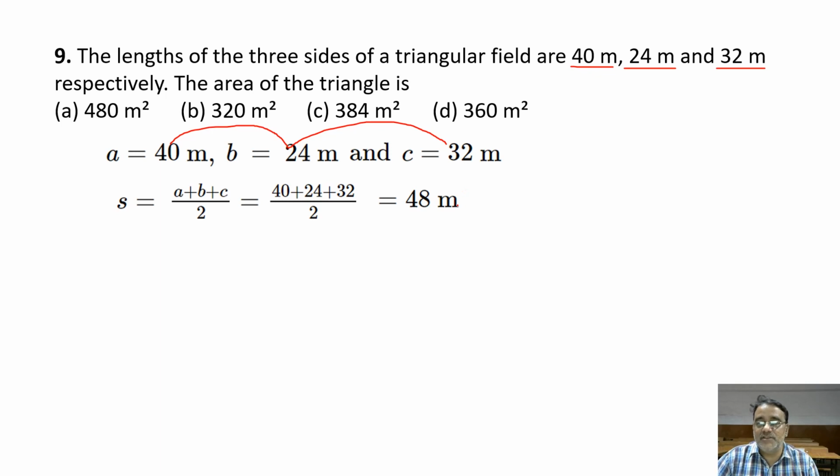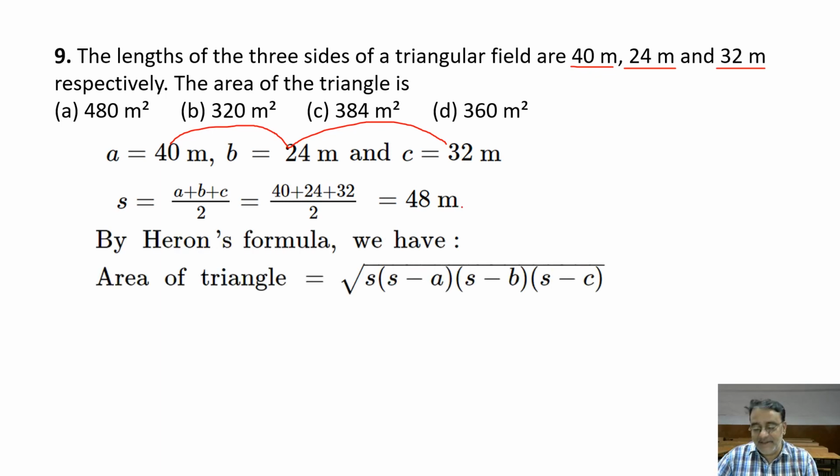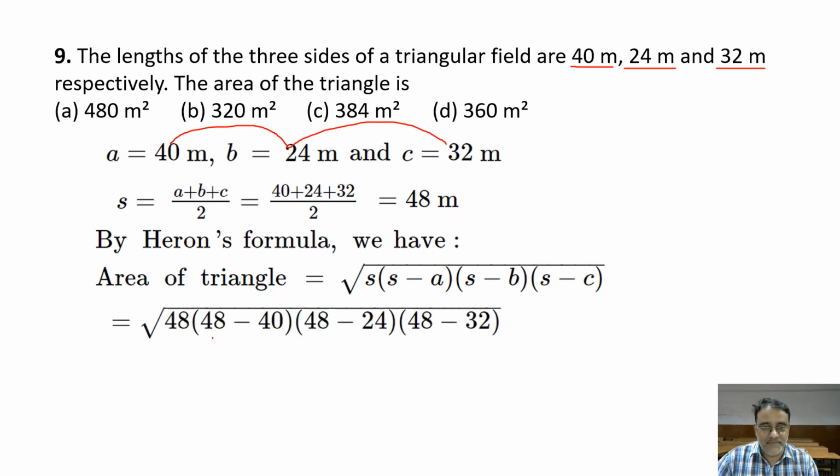Okay, so by Heron's formula, the formula is root over s into s minus a into s minus b into s minus c. Now we'll substitute all the values of the parameters s, a, b, c. Now see, 48 into 8 into 24 into 16.